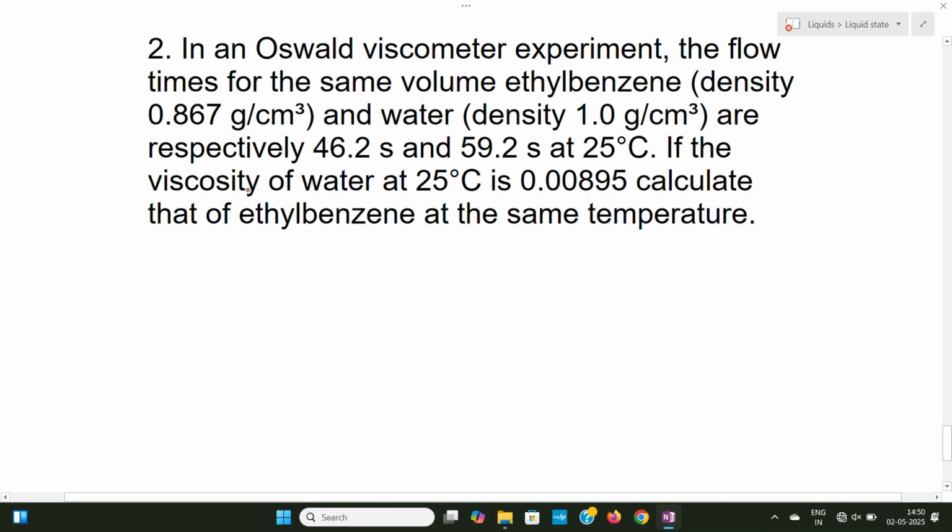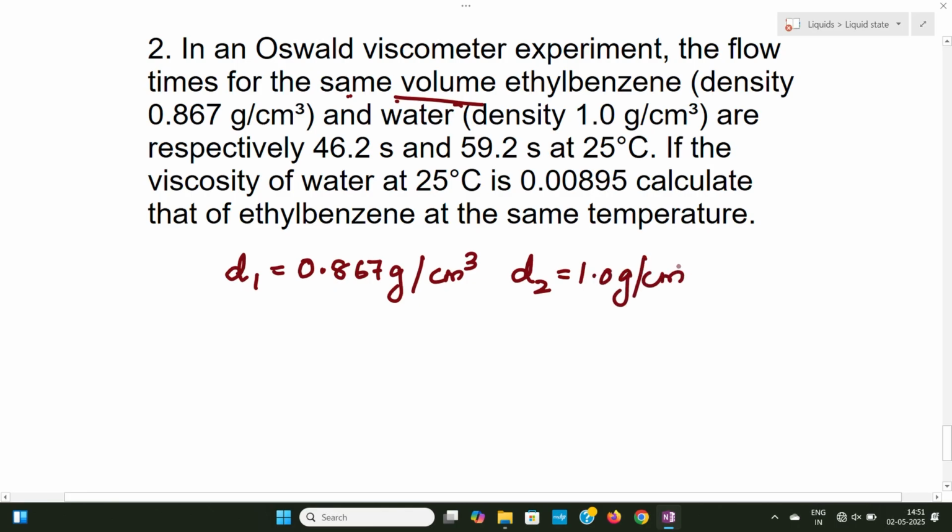Here, the flow times are for the same volume of ethyl benzene and water, and the density of ethyl benzene, that is D1, is 0.867 gram per centimeter cube, and D2, that is water, is 1.0 gram per centimeter cube.